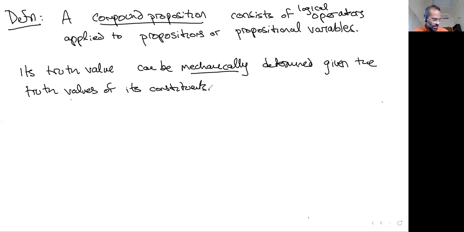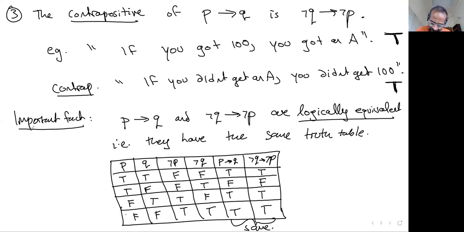So what we're going to do now is study when you can tell if two compound propositions are logically equivalent. Logically equivalent means they have the same truth table.